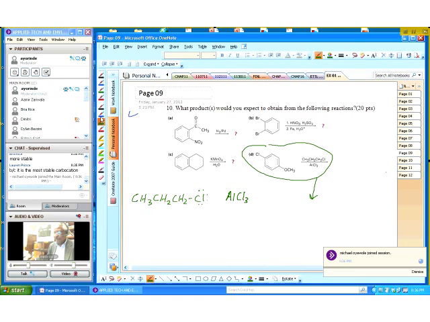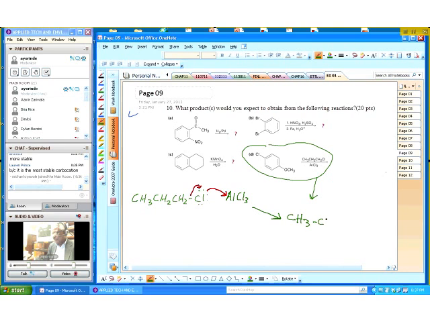It will draw the chlorine to itself, and in so doing, it will break the chlorine carbon bond such that you have this here. That is the first thing that happens. And in so doing, we form a primary carbocation.